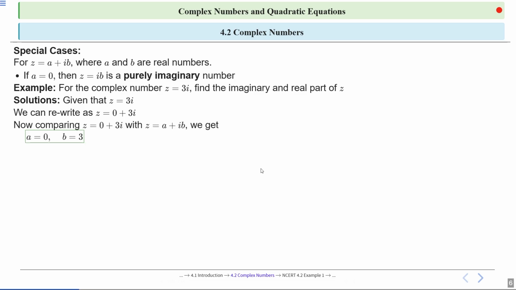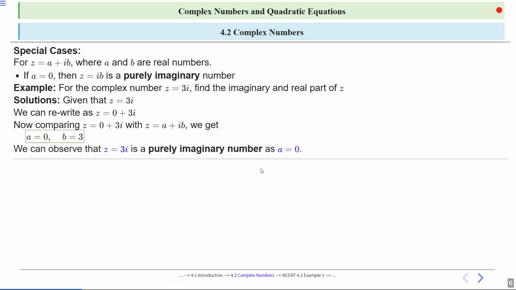Now, let's compare Z equal to 0 plus 3 iota with Z equal to A plus iota times B. We get A equal to 0 and B equal to 3. So we can observe that Z equal to 3 times iota is a purely imaginary number as A equal to 0.